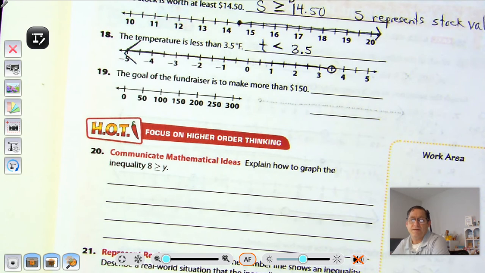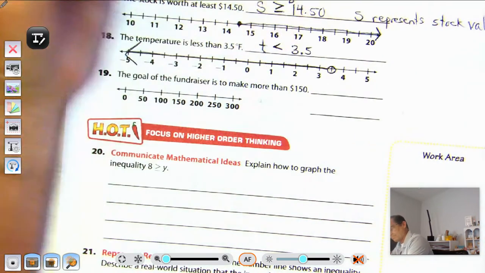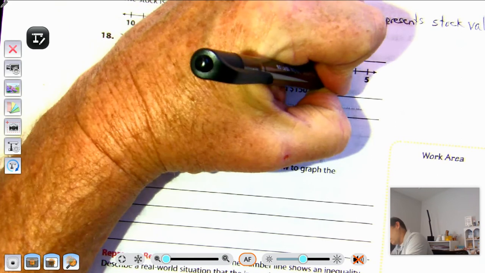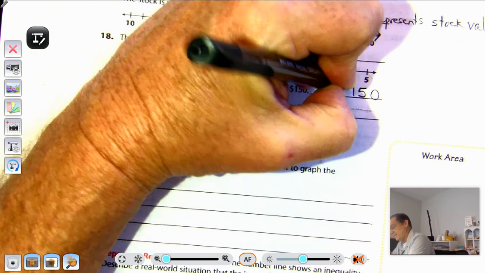The goal of the fundraiser is to make more than $150. To make more than $150. So, M for money maybe? M is greater than $150.